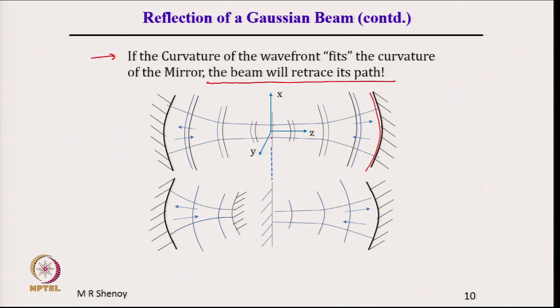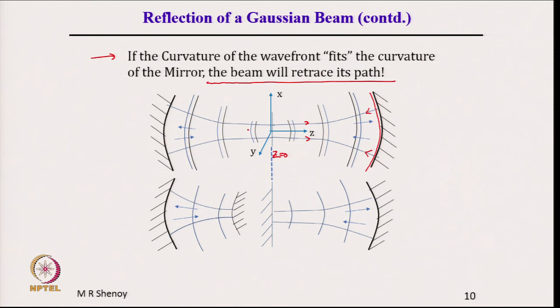This is a Gaussian beam which has the smallest width at the waist, that is z equal to 0. So, this is z equal to 0. Therefore, from here onwards, as the beam propagates, it diverges because of diffraction. If it fits this, then the wavefront will reverse and it will start converging back to the waist. There is a conjugate beam.